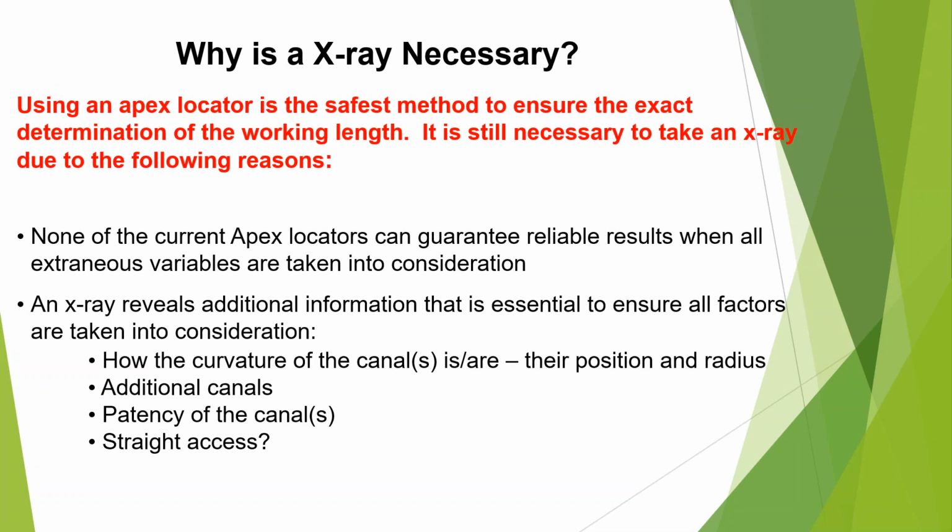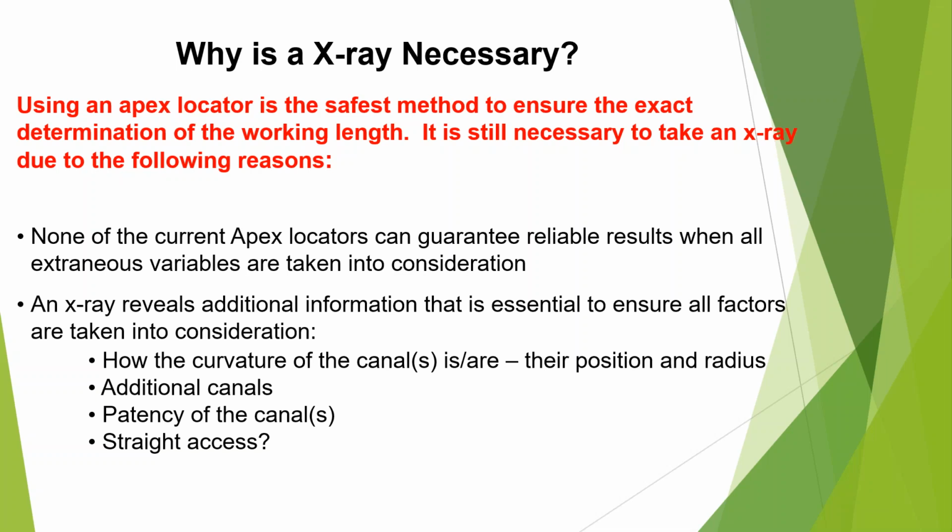Why is an x-ray necessary? I've gone over it a couple times already. It's just basically a security blanket. It just ensures that you have covered all your bases essentially. And also, an apex locator doesn't tell you how the curve of the canal is, where the additional canals are, the patency of the canal, or how straight your access is.